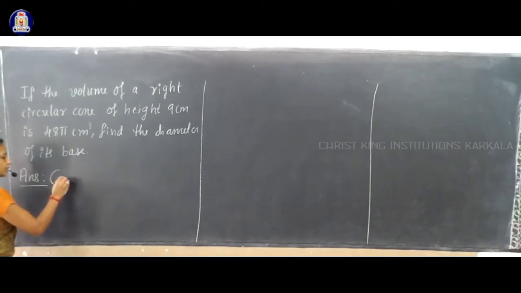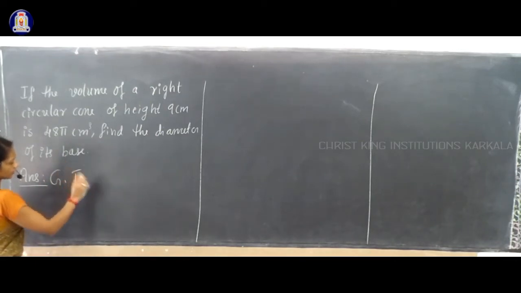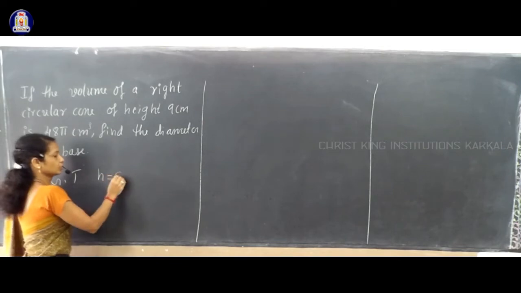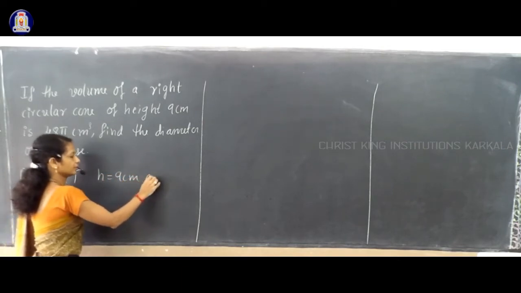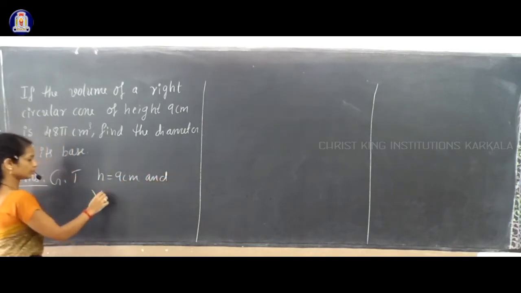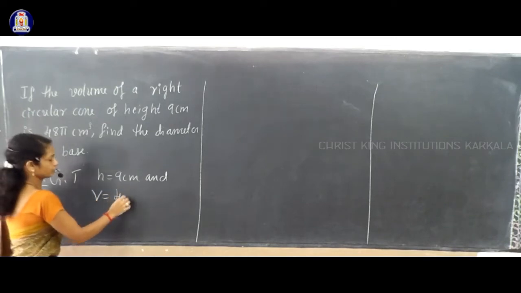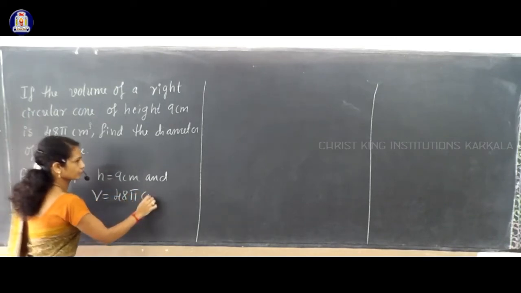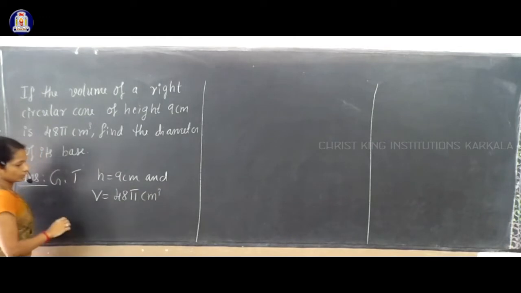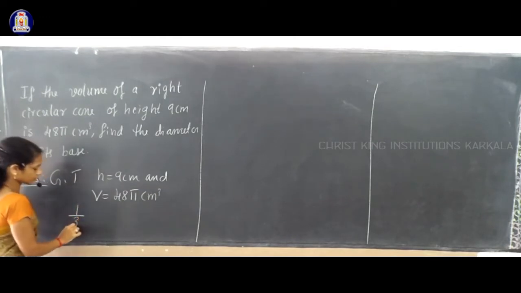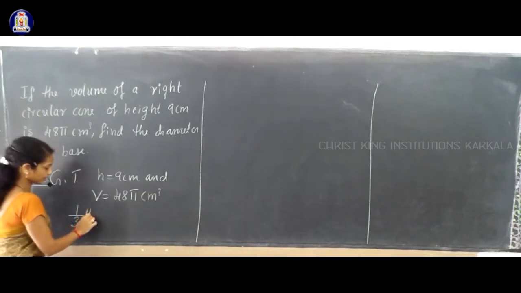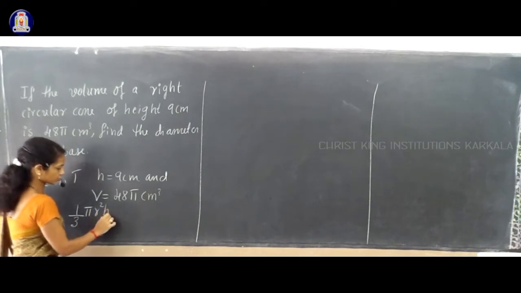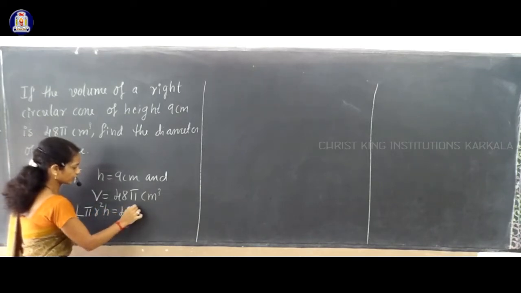Okay, so given that H is equal to 9 centimeter and the volume means V is equal to 48.5 centimeter cube. And what is the volume of a cone formula? Use that on the left side, that is 1 by 3 into pi into R square into H, that is equal to 48.5.